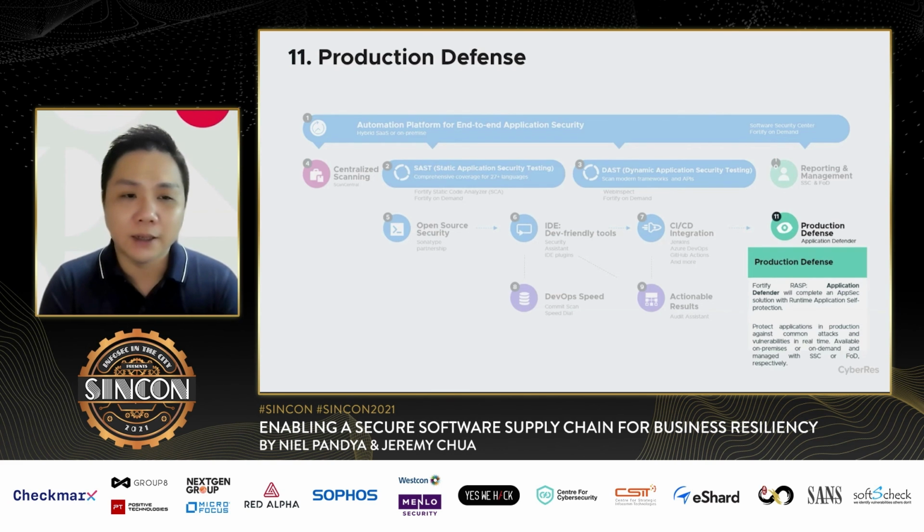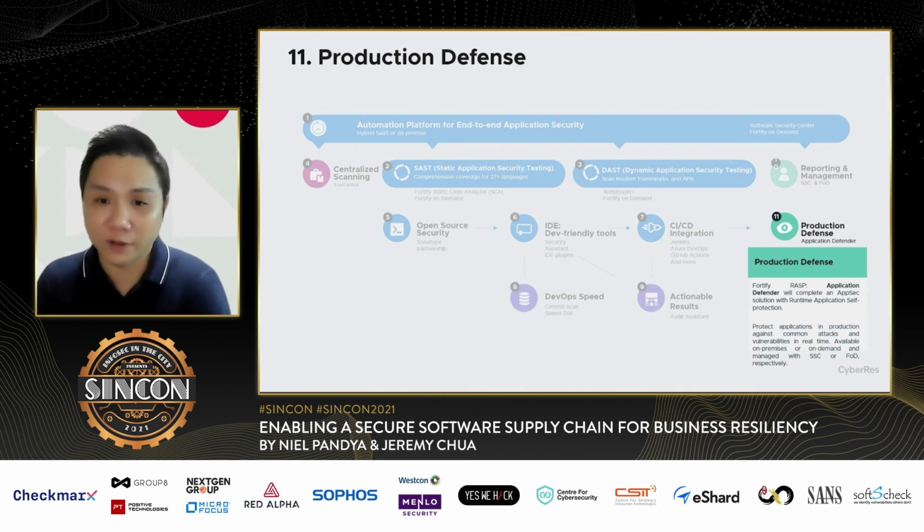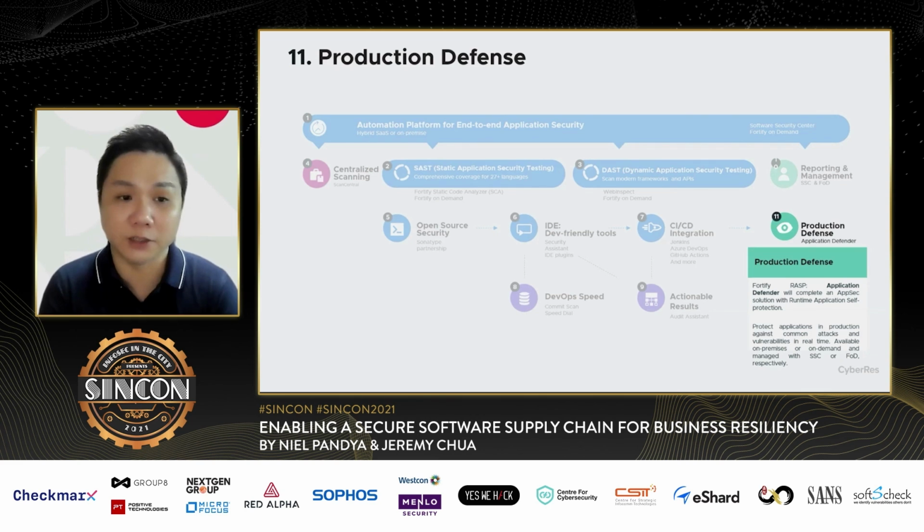Once it detects malicious data, it can trigger two types of actions: you can protect in real time, or send an alert to your SIEM solution. So not only do we have a proactive approach, we also have a defensive approach in terms of your application security journey.